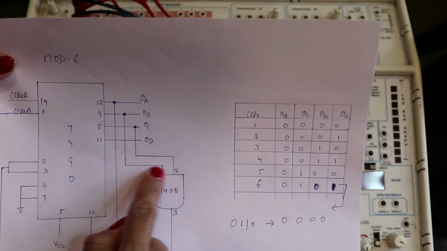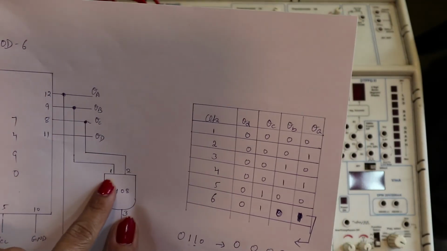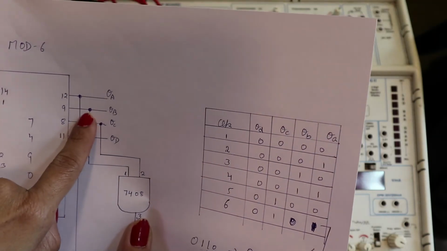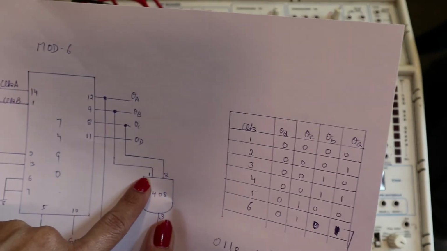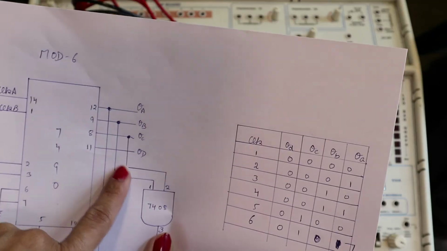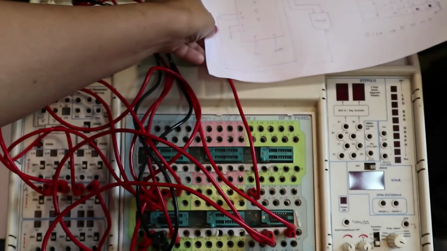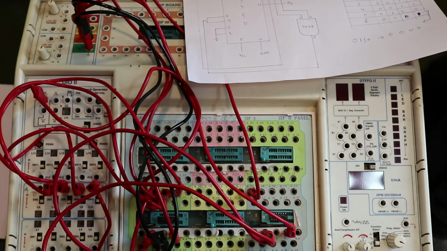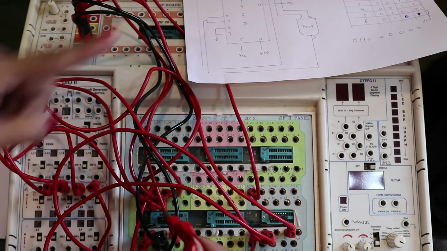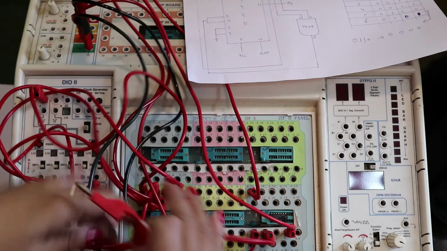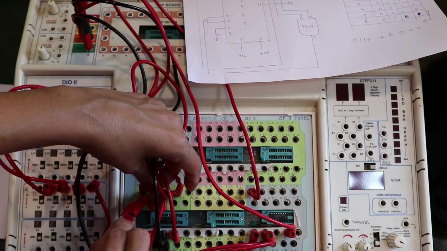Now we are going to this. So first one is going to be connected to 9. Pin 1 of the OR gate is going to join to 9 of the previous IC. So we need to check where is 9.